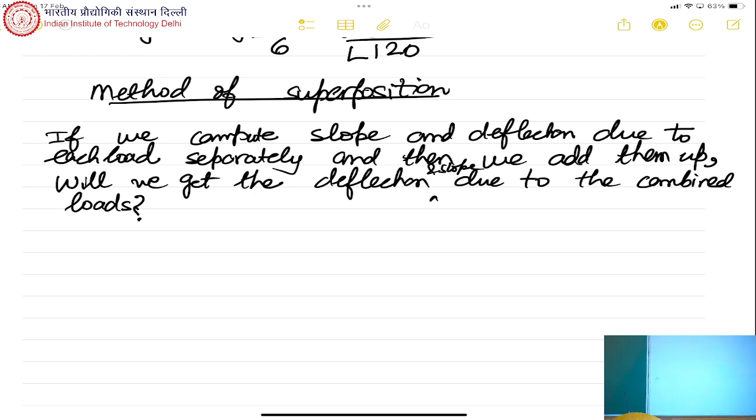That means, in effect, what I am asking is, does superposition work?